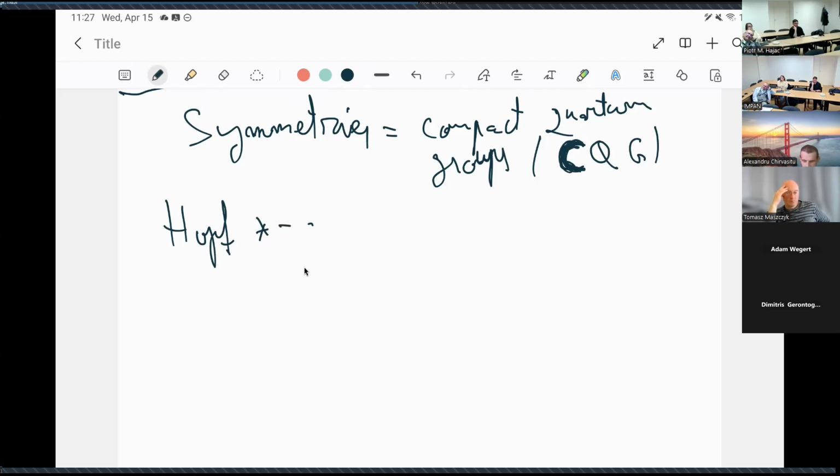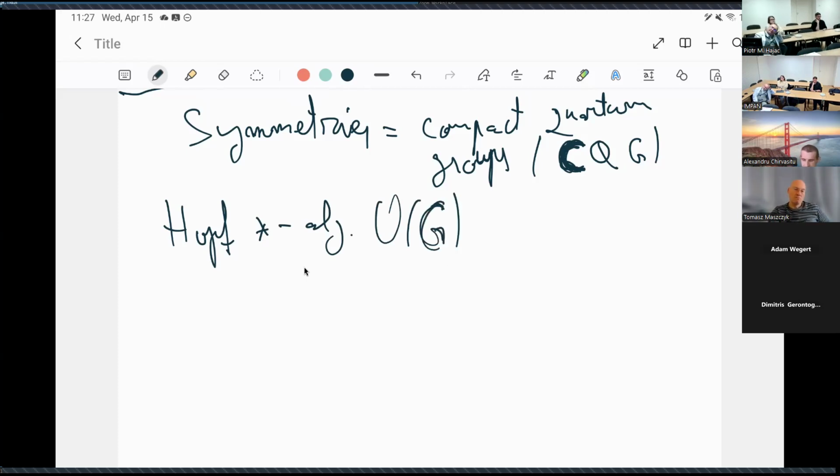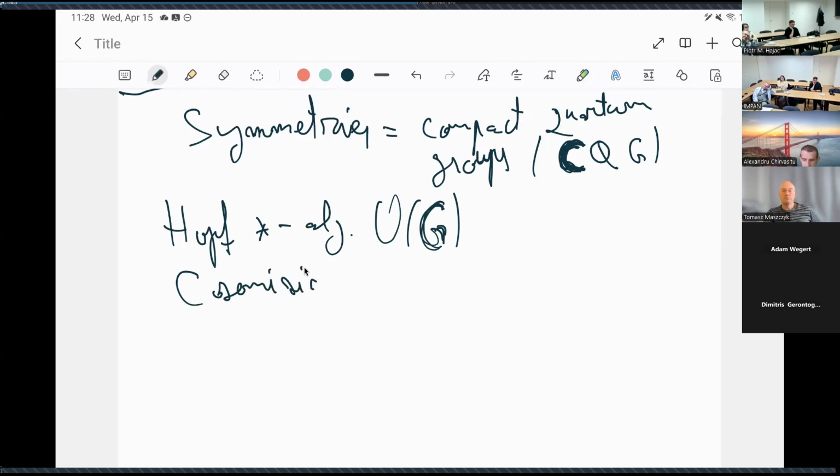Hopf star algebra, maybe O of G. So you think of it as the dual of the CQG itself, which I'm calling G. And it's going to be co-semi-simple. So its category of co-modules is going to be semi-simple.